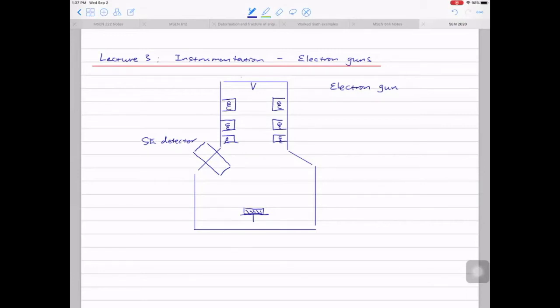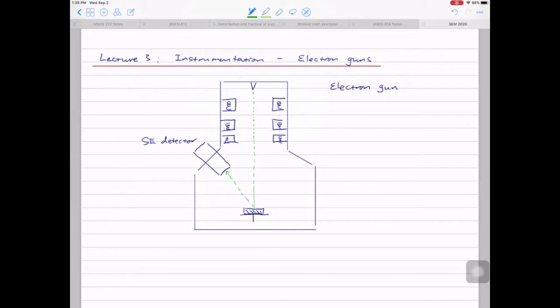When the electron beam leaves the electron gun and passes through the lenses, it will hit the specimen. And the electron beam specimen interaction will generate all sorts of signals. Then the secondary electrons will be captured by the secondary electron detector.